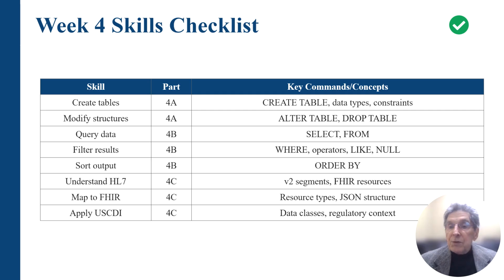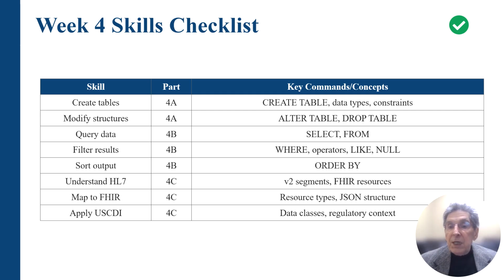You can filter results using the where with the comparison operators, logical operators, patterns for text matching, and proper null handling with the is null or is not null clauses. You can sort your output using the order by clause in either ascending or descending order.